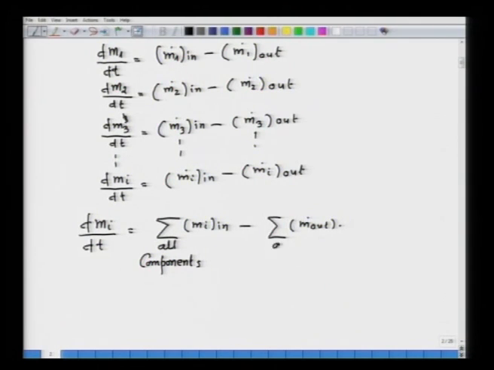This is again for the ith component, that is what it means.